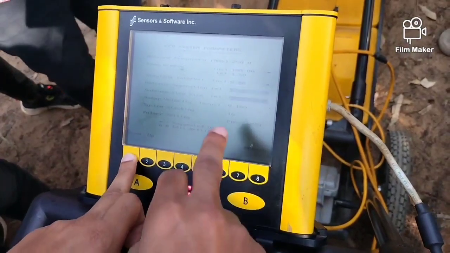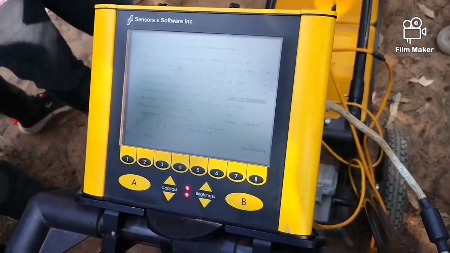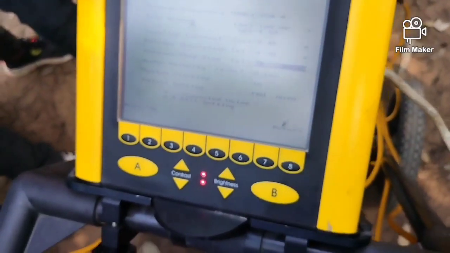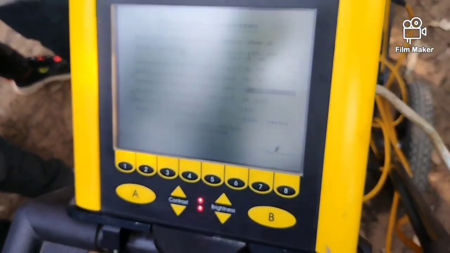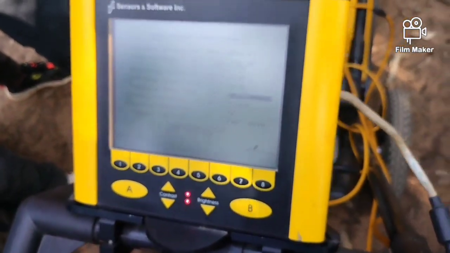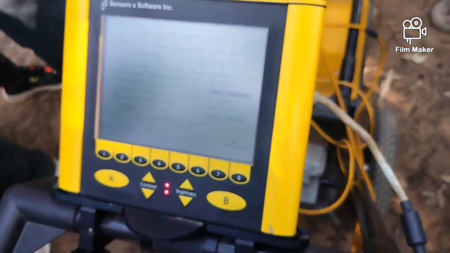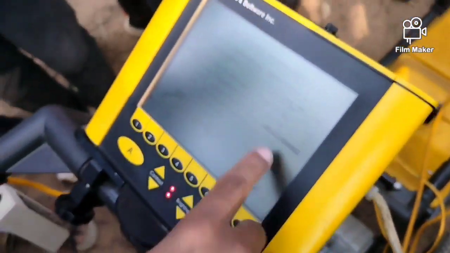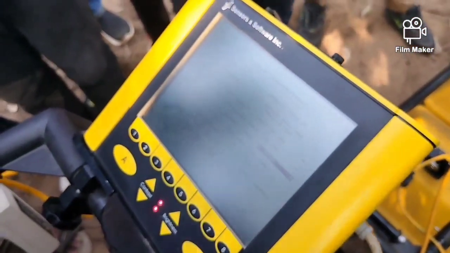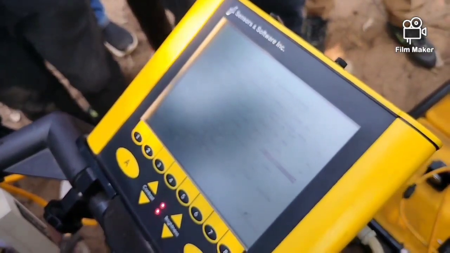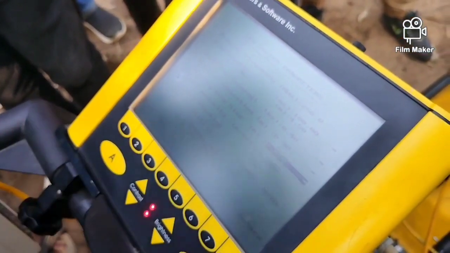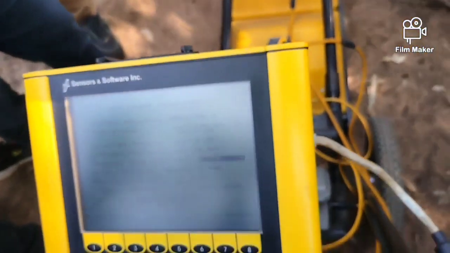This is antenna step size. Step size means after how much distance the transmitter will trigger the pulse, because the transmitter doesn't trigger a pulse all the time. It only triggers after a particular distance, which is known as antenna step size. In this case, the transmitter would trigger a radio pulse at 0.05 meter, which is equivalent to 5 centimeter.